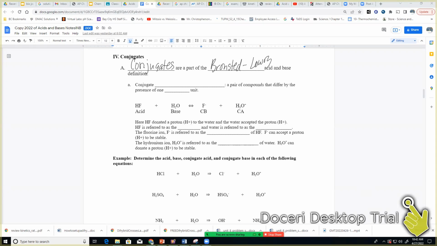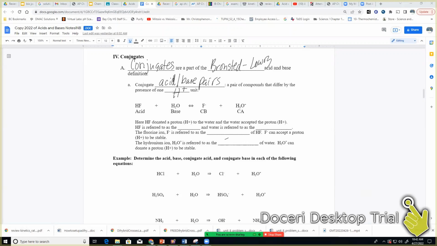And in that, we're really looking at pairs. So a conjugate is an acid-base pair where the compounds differ by the presence of one H plus unit. So it's not just going to be a difference between a hydrogen, either gained or lost, but it also has to be that charge, that +1.